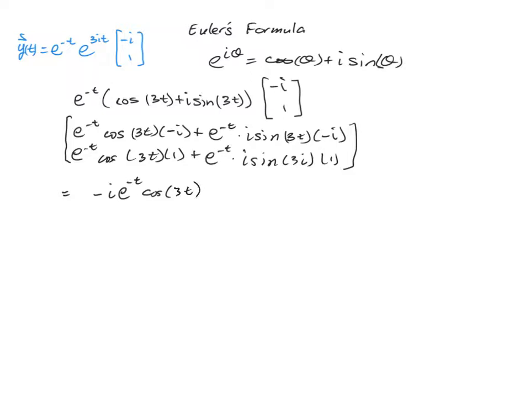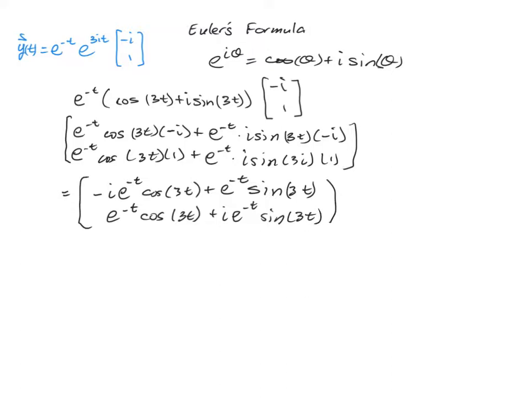And in the next one, we're going to have a negative i squared, so that becomes a plus 1 e to the negative t sine of 3t. And then for the lower one, it stays the same because they're multiplying by 1. That's e to the negative t cosine of 3t plus i times e to the negative t sine of 3t.